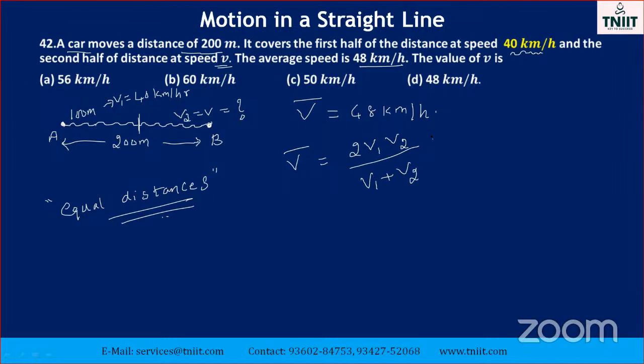So please remember the formula for the average speed: 2v1 v2 divided by v1 plus v2, isn't it? Now, can you find what is v2 by just substituting?